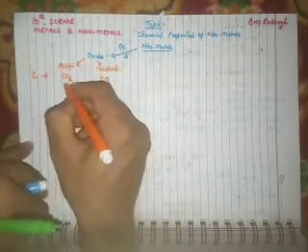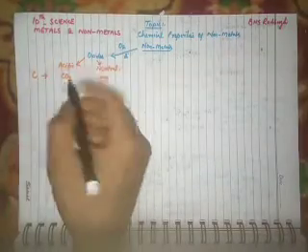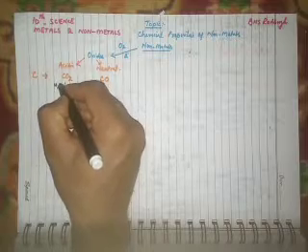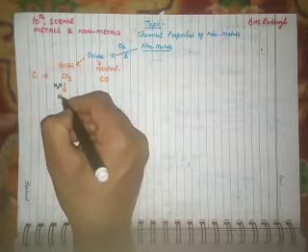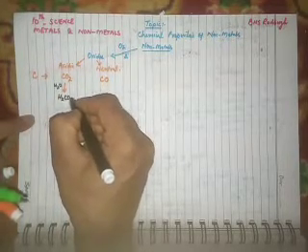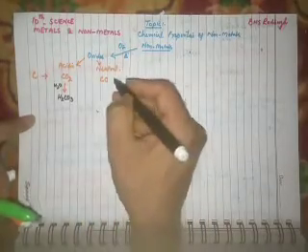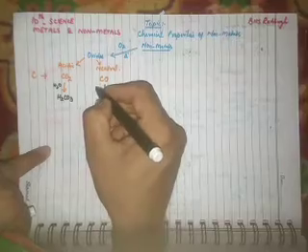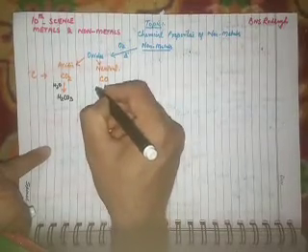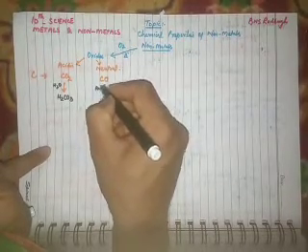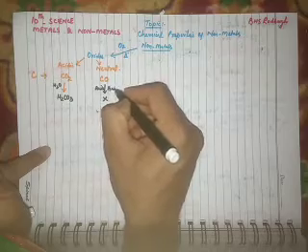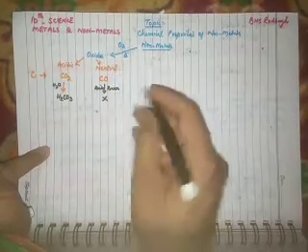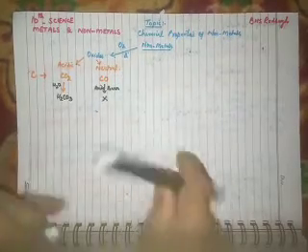This carbon dioxide is an acidic oxide because when it is dissolved in water, it forms H2CO3, that is carbonic acid. However, this carbon monoxide does not react with acids or bases. That is why carbon monoxide is considered as a neutral oxide.